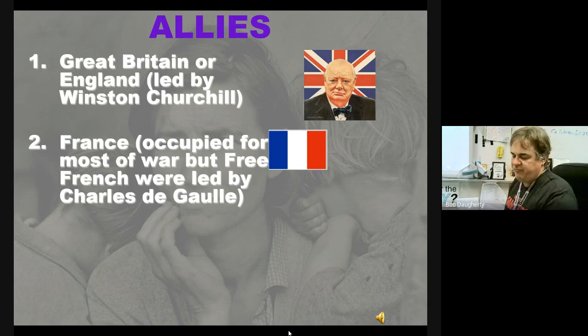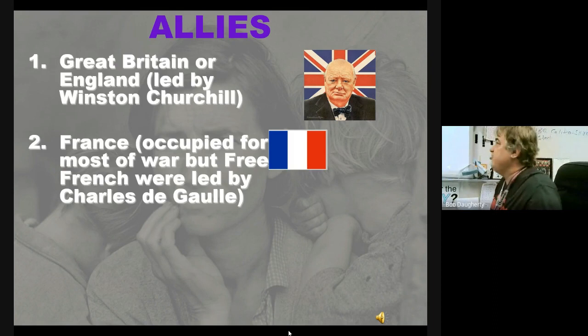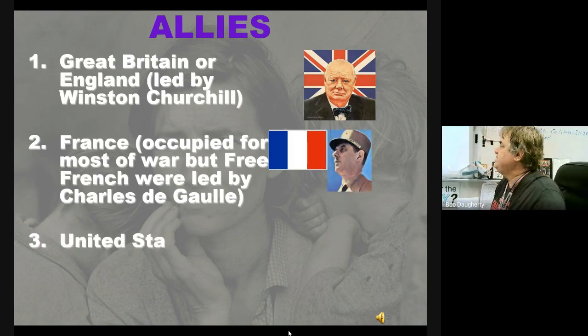They get occupied for most of the war. They even get divided into a pro-Nazi Vichy France in the south. Their group, the Free French, were those who chose to come to Britain or flee to Africa and to fight on our behalf. So they were allies, but I'll be honest, they did not contribute nearly as much as the British or, of course, the United States.